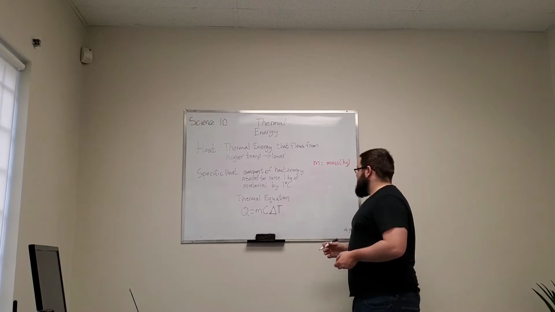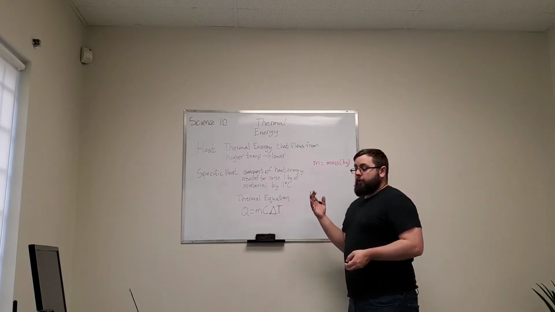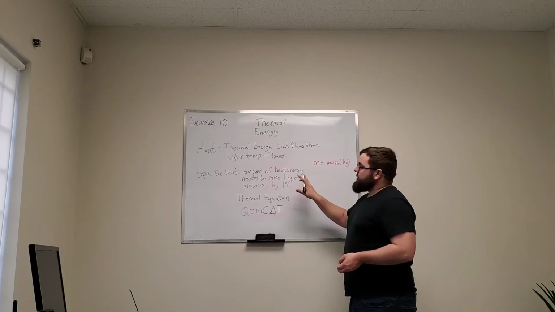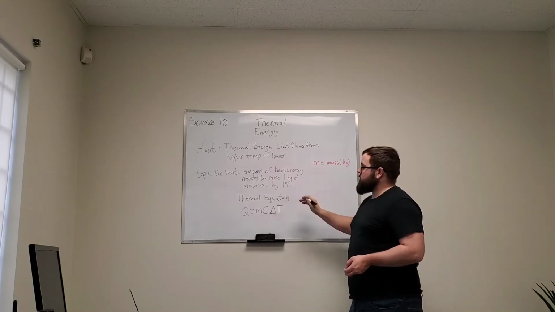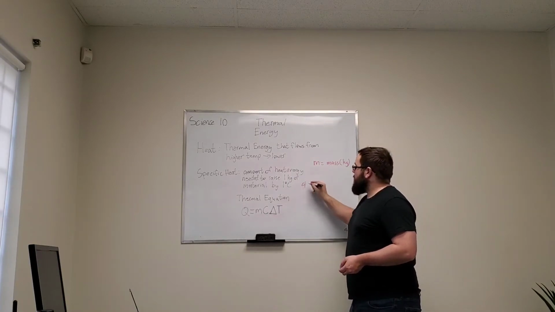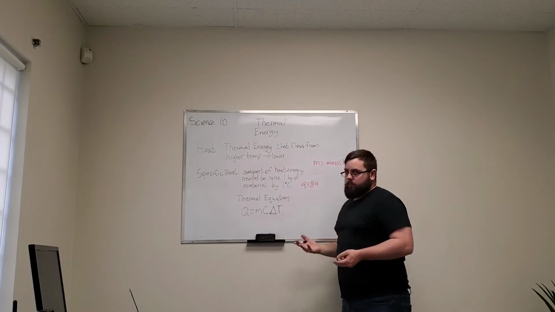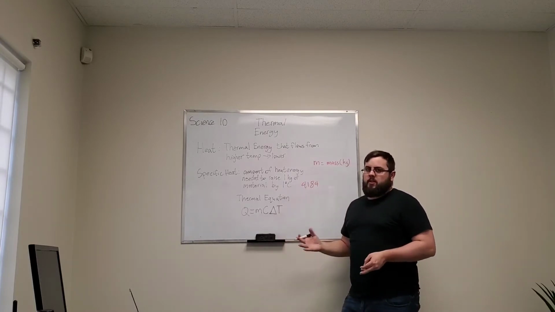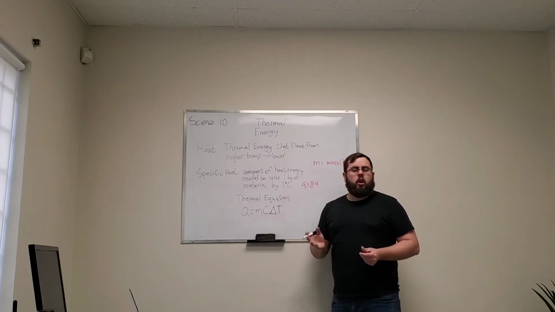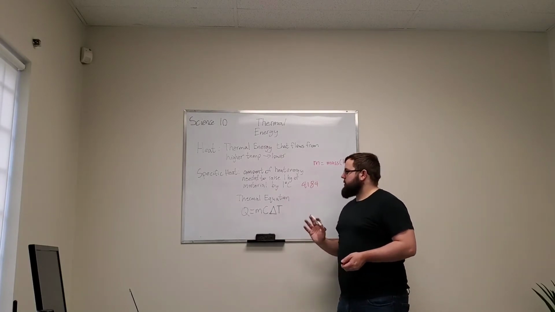So, for example, water has a specific heat coefficient of 4,184. You don't need to memorize these. They will be given to you. Any sort of coefficients like that or constants will be given to you. So you don't need to memorize them.